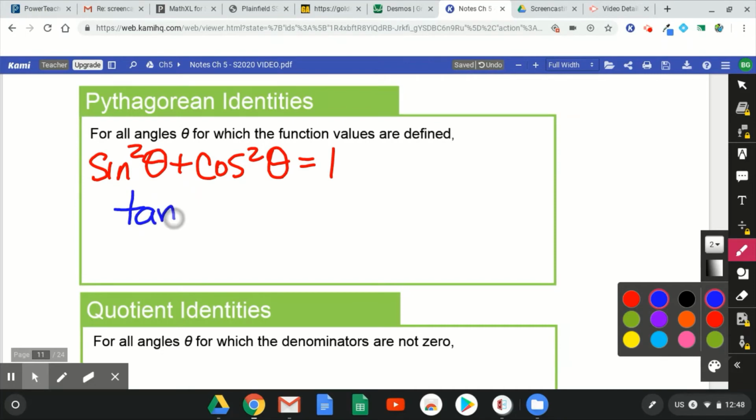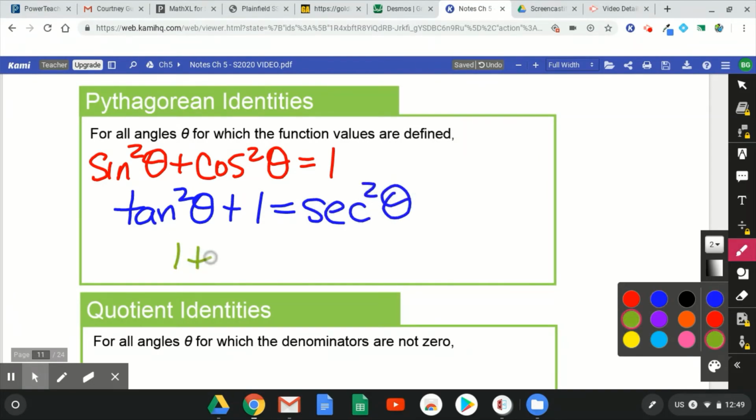Then there's tangent squared theta plus 1 equals secant squared theta. And then there's also 1 plus cotangent squared theta equals cosecant squared theta. I would have the red one memorized. You probably won't need to memorize the other 2, but definitely the red one.